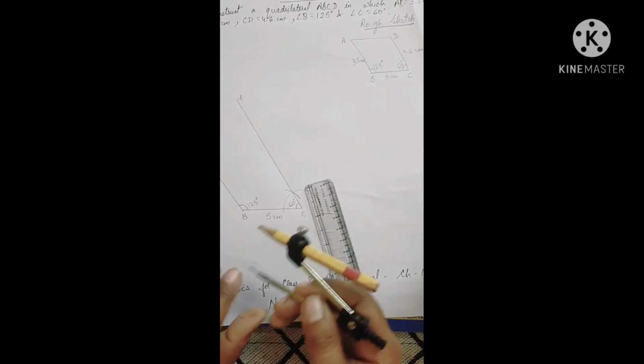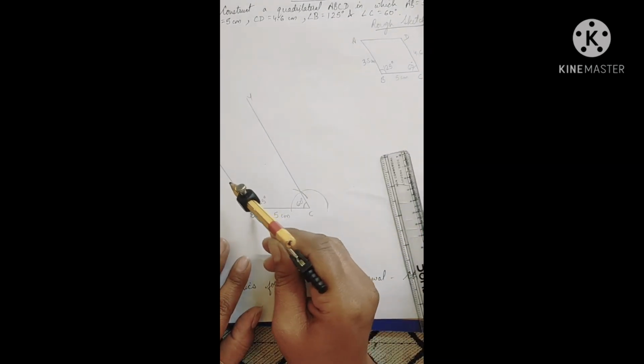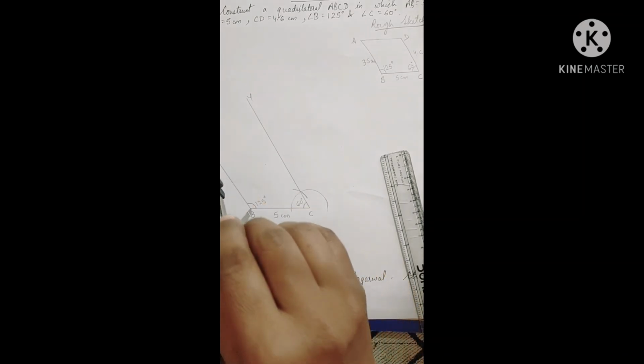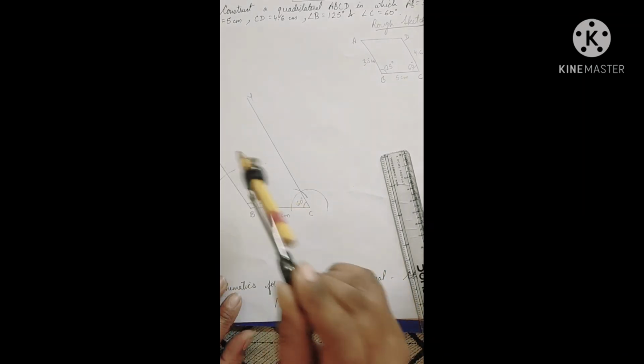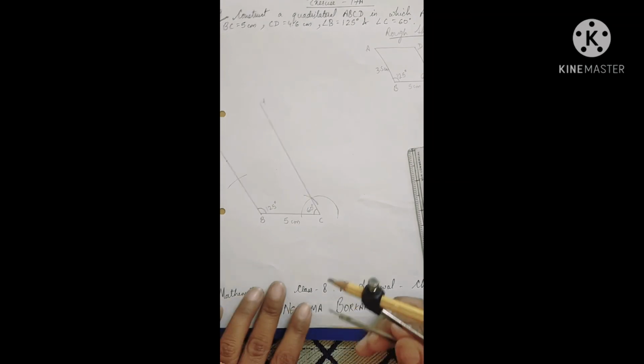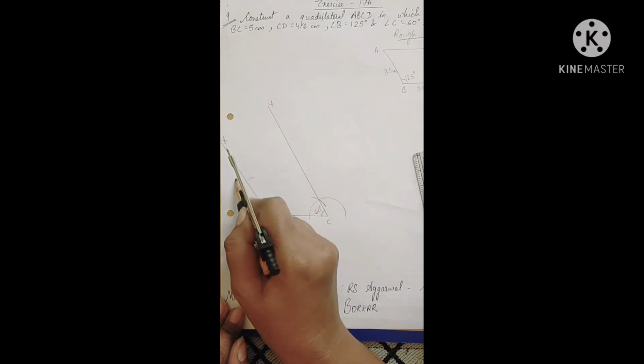Now you put center over B and intersect the line XB. Now you see here that we have got intersection of XB line as well as this arc. So this is point A. I have written here point A.